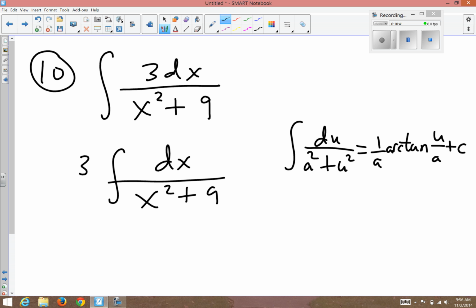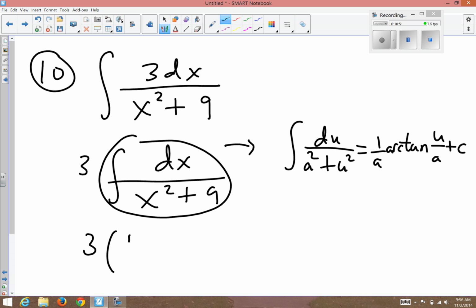Here dx is du, a squared is 9, x squared is u squared. That 3 just comes down, and this integral is 1 over a, that number is a squared, arctan of u over a.